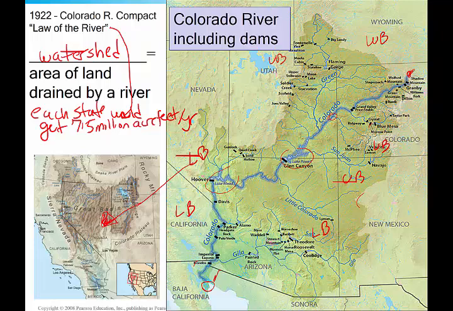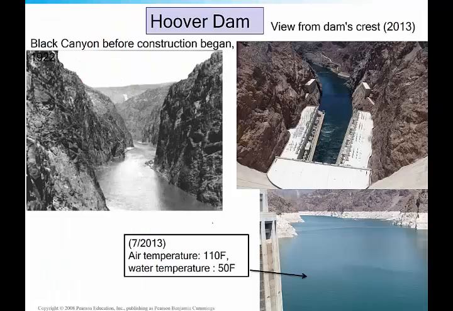But the states that were in the Colorado Compact would rather that happen than Las Vegas take more water out of the river. So that's what happened. And you can really start to see from this how desperate states can get for access to water, and how this is a real problem in the western part of the country.